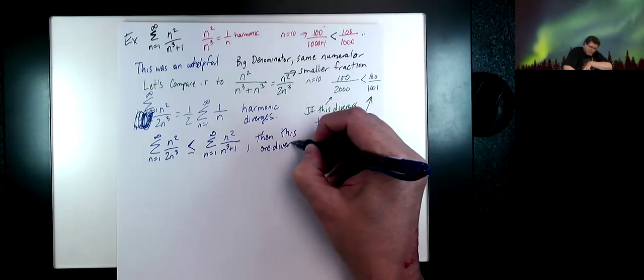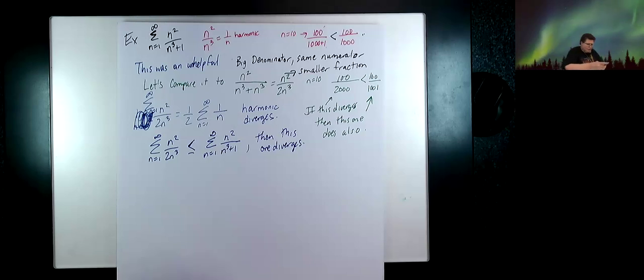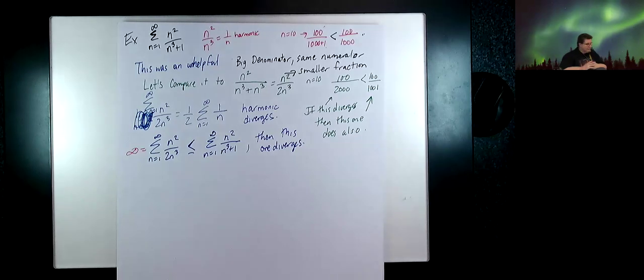Wait, never mind. I got those backwards. Since this one diverged, this one's sum is eventually going to be infinite if you take n far enough.